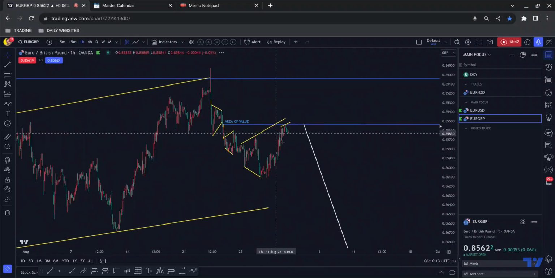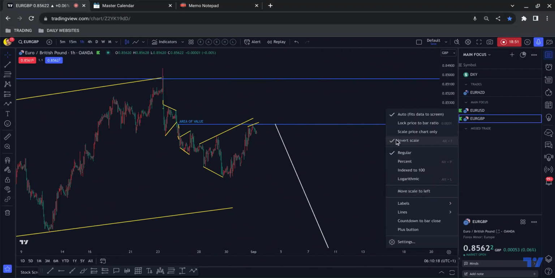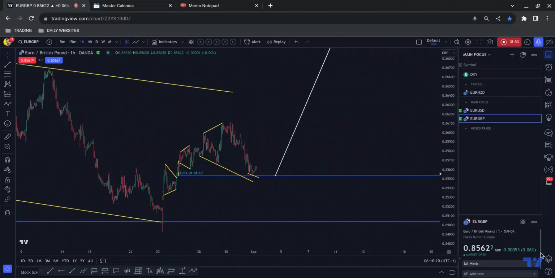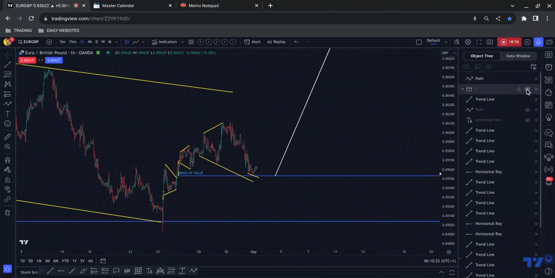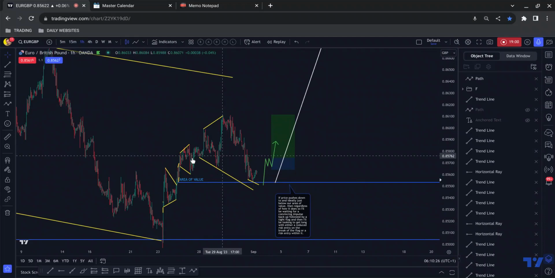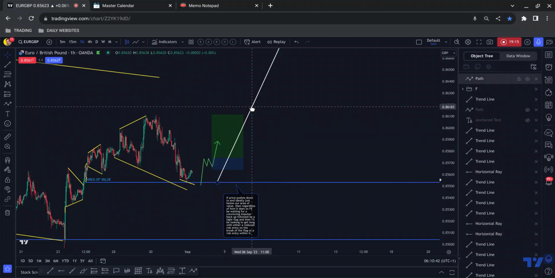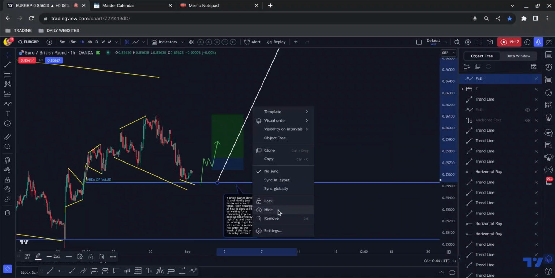So what I'll be looking for, and because this structure isn't very clean, I'm going to flip the charts back upside down now. What I'll be looking for is the following: if we tap into this area and we push up and we clear this little piece of structure, this little potential ending structure that may be forming, if we tap into this area, take out all the limit orders, and then push up above this and we flag, I will then look to get long, and this may be ready by the end of the day.